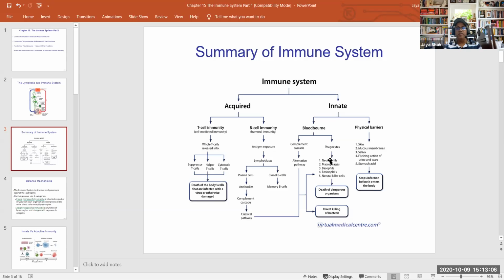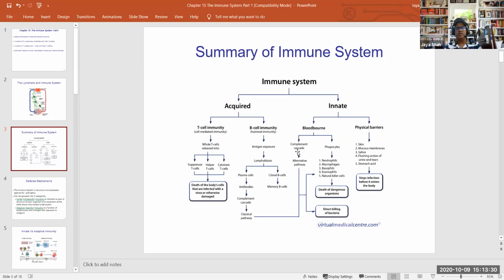The function of these phagocytes is also activated by the acquired immune system. We will talk about that later. The next part is the complement cascade. Complements are a kind of protein molecule found in our plasma, in our blood, and there are several kinds of complement.